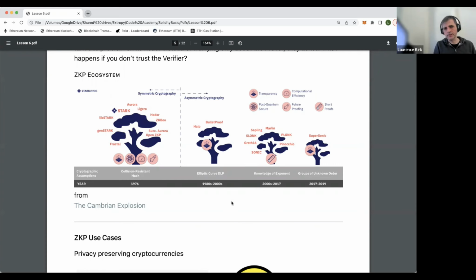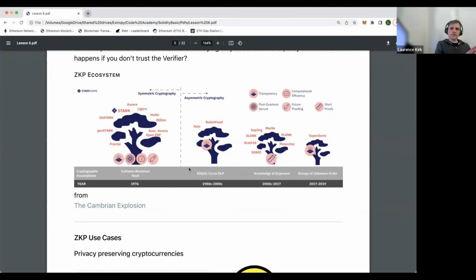The other types of zero knowledge proofs have different underlying assumptions, such as the discrete log problem with elliptic curves, and the discrete log problem is what we also use for public and private key cryptography and signing algorithms, etc. And so there is a general distinction between STARKs and then the other types of proofs, which are called SNARKs.